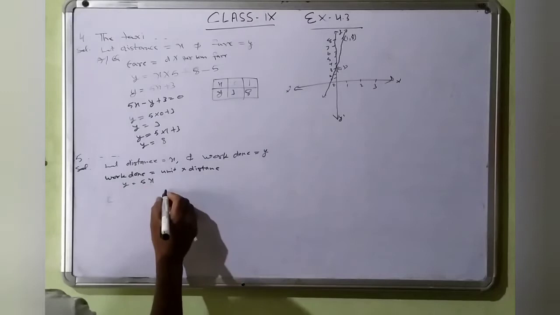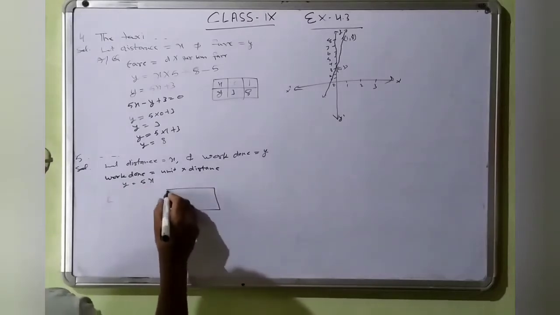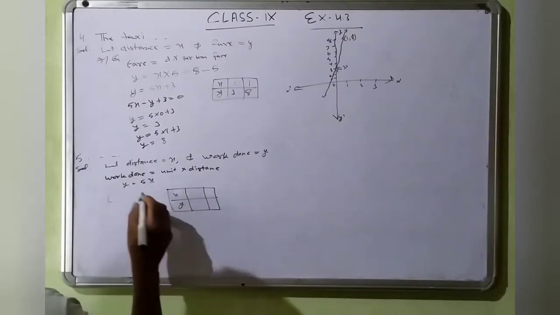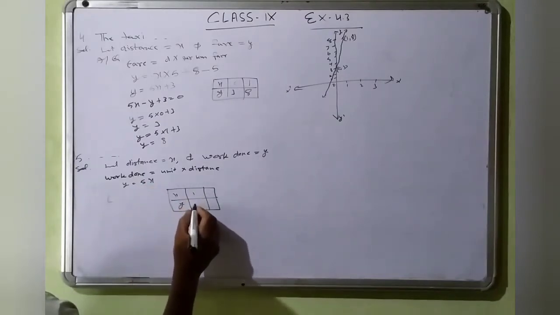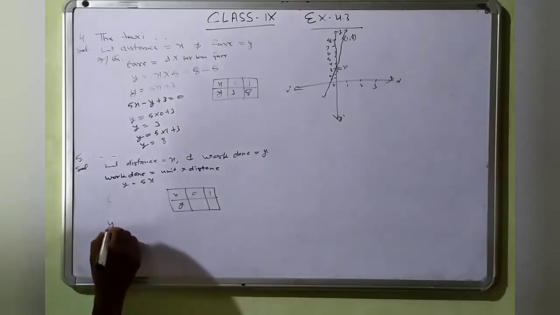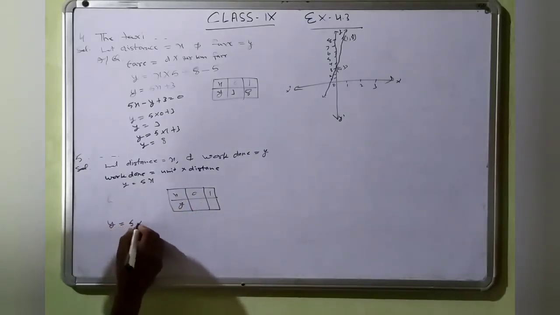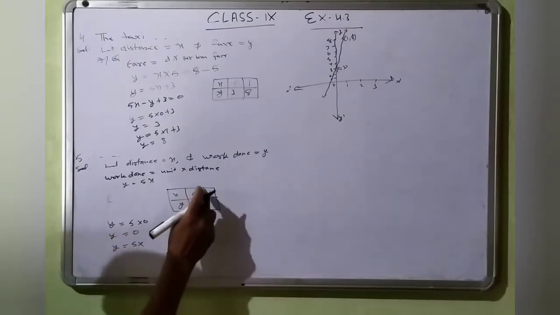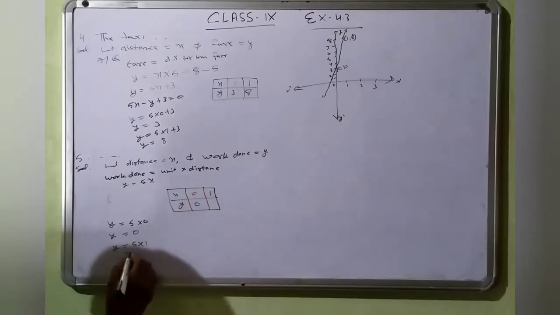Now graph. x, y. x value we will write 0, 1. So y is equal to 5 into 0, so y is equal to 0. Now y is equal to 5 into 1, that is 5.